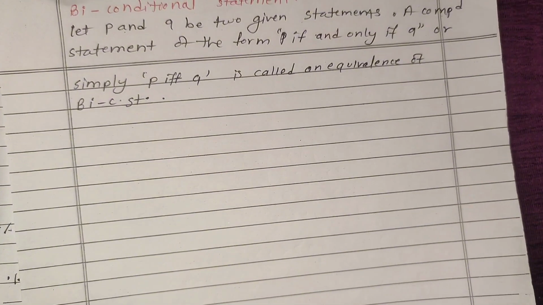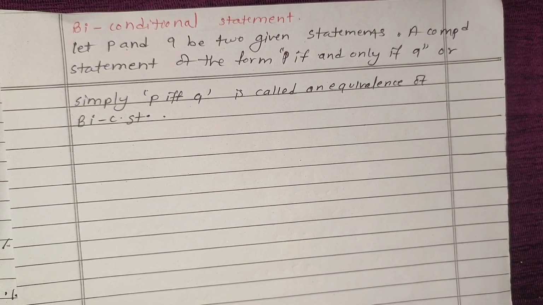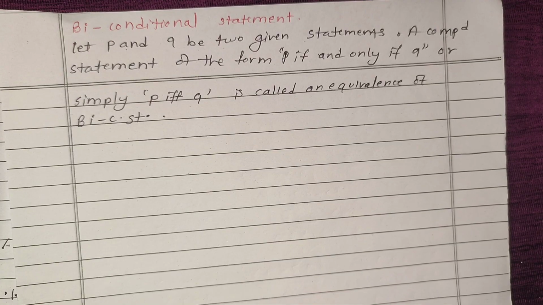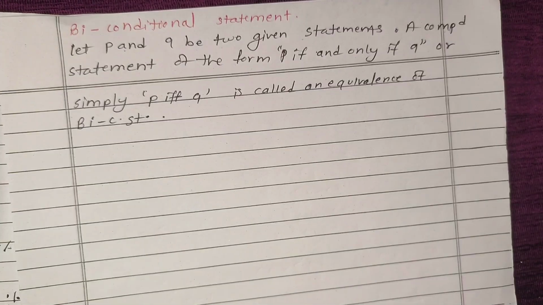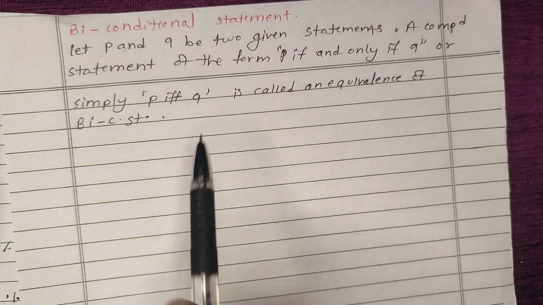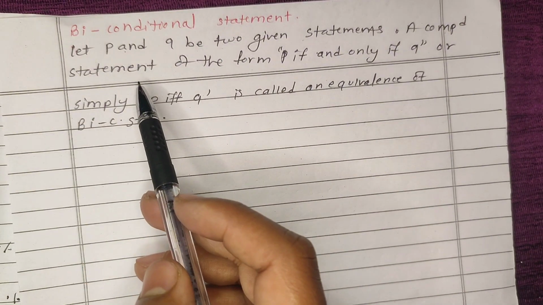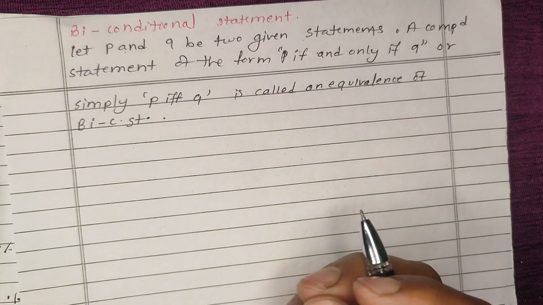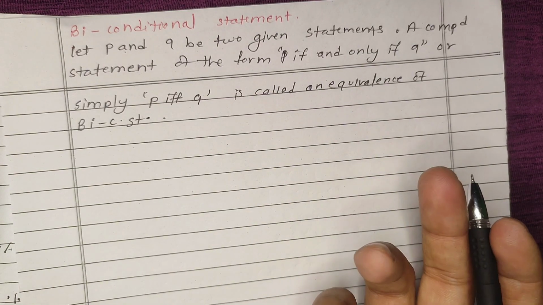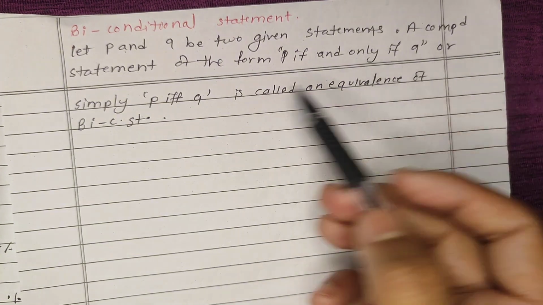Let's move to our another topic, the biconditional statement. We are on the types of statements in the first chapter of BSc Physics basic concepts. Let P and Q be two given statements. A compound statement is a statement in which we combine two or more statements with connectives, that is and, or, not, if and only if.